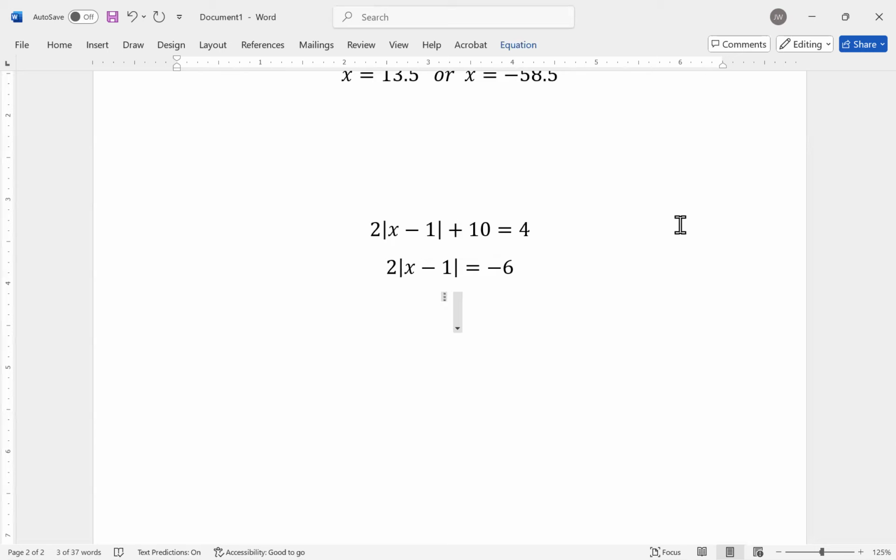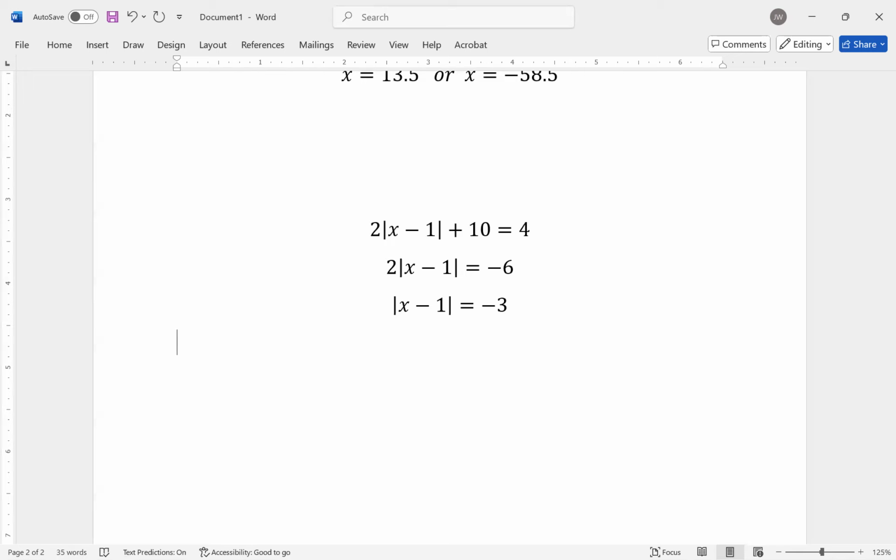So we get absolute value of x minus 1 is equal to negative 3. I have basically solved this and isolated for the absolute value. And now I'm ready to give my solution.